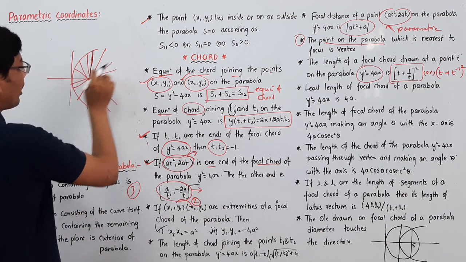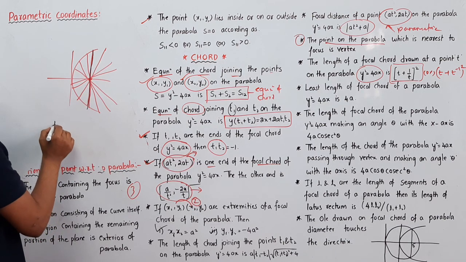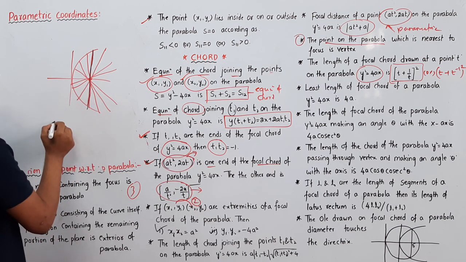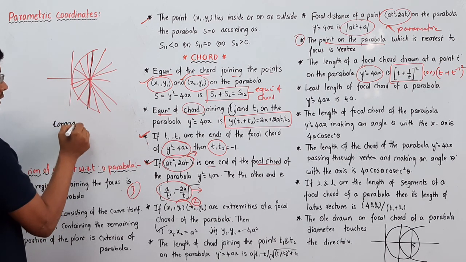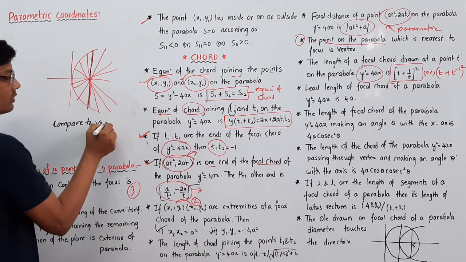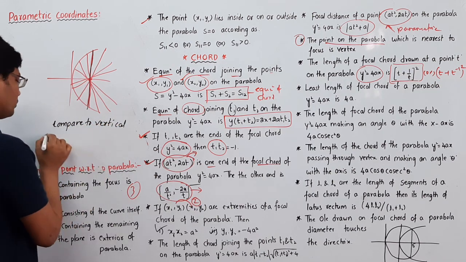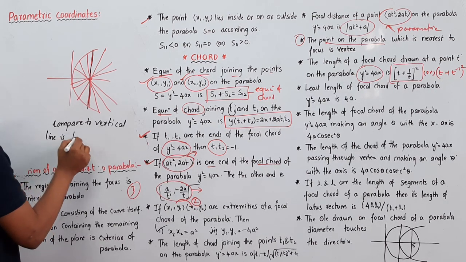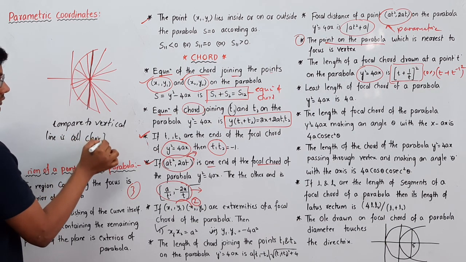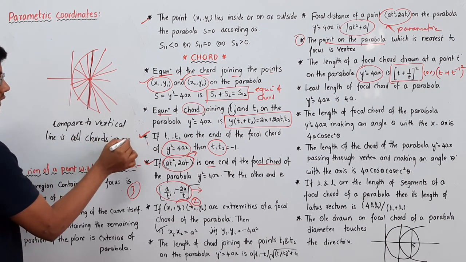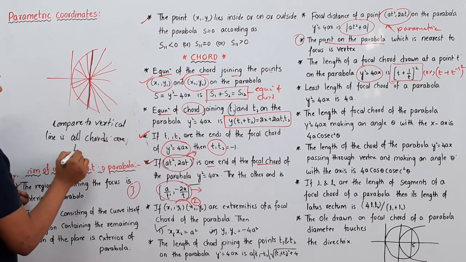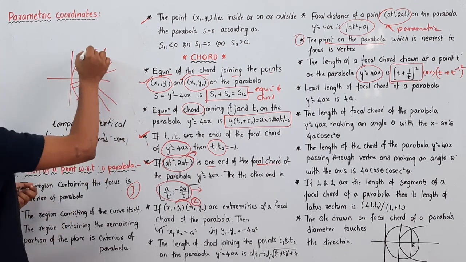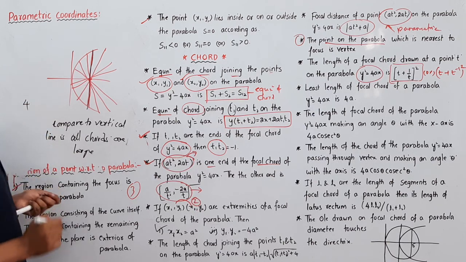Compared to the vertical line, all other chords are larger, all chords are large here. So the minimum length is nothing but the latus rectum.